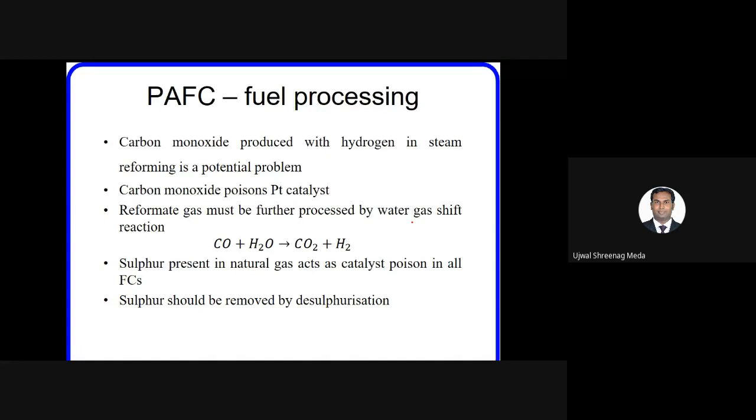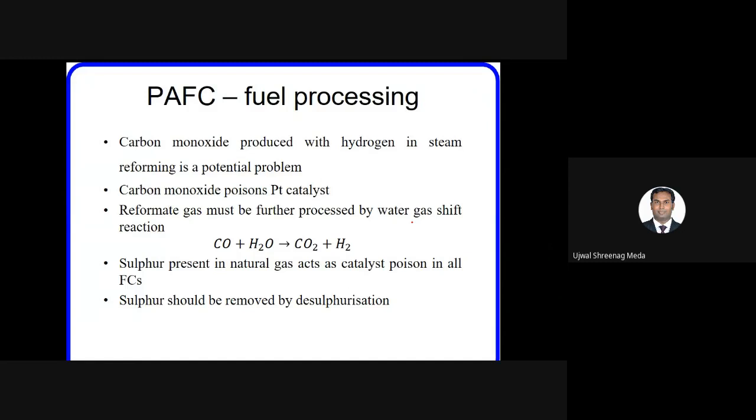And of course, sulfur definitely should not be present. And if we have a separate pre-processing unit, the desulfurization unit will become part of this pre-processing unit along with steam reforming. So if you recall the reactions, it is only the hydrocarbon that is reacting, and nothing is happening to sulfur, if at all it is present.